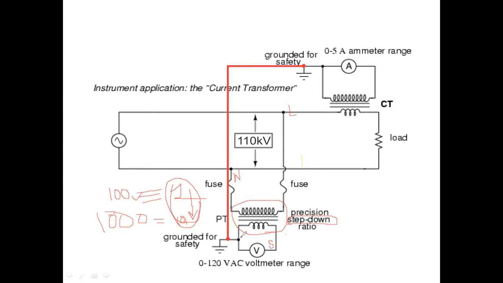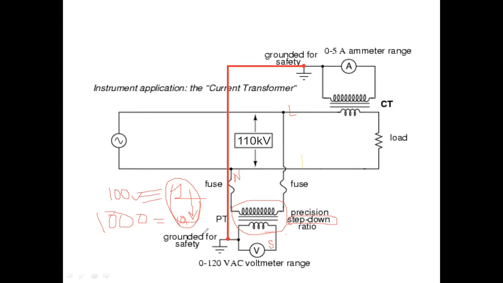So if our voltmeter is measuring 1 volt, then we can assume the transmission line is carrying 100 volt. If our voltmeter is measuring 10 volt, then we can assume that our transmission line is carrying 1000 volt.